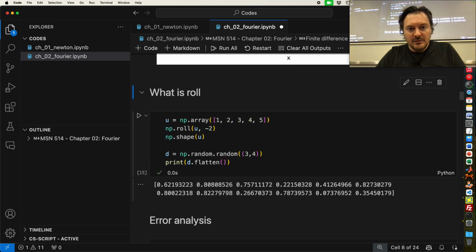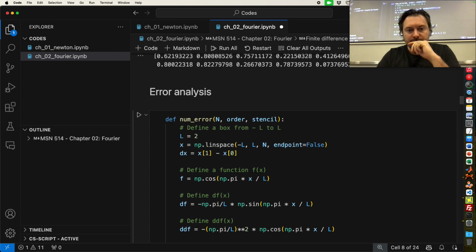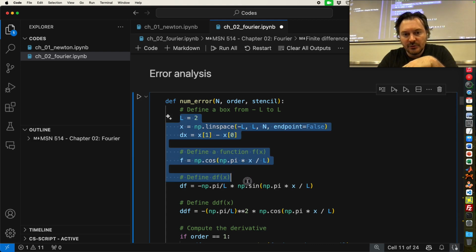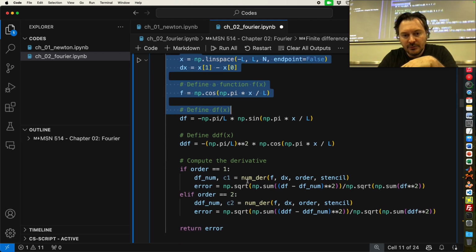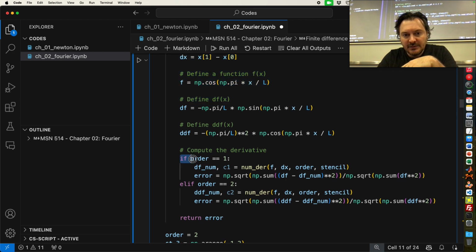Now let's do the error analysis of this. So I have a function, and it starts by defining the cosine and its analytical values. Then what it does is it calculates, if you write it as order 1, it calculates the first order error.